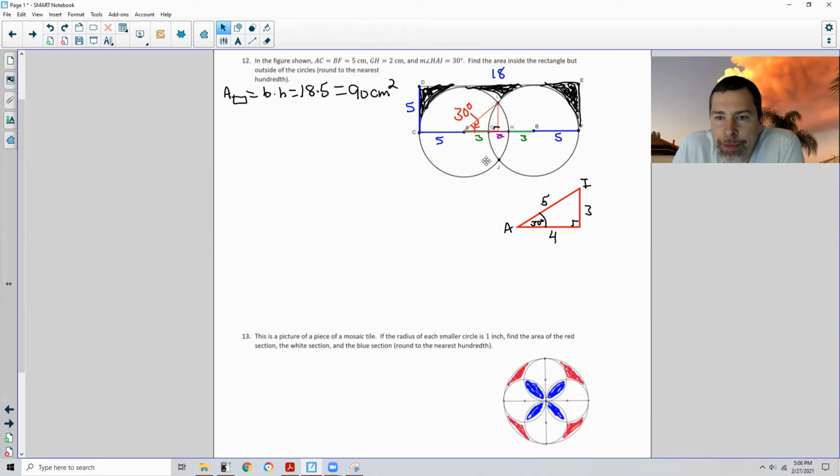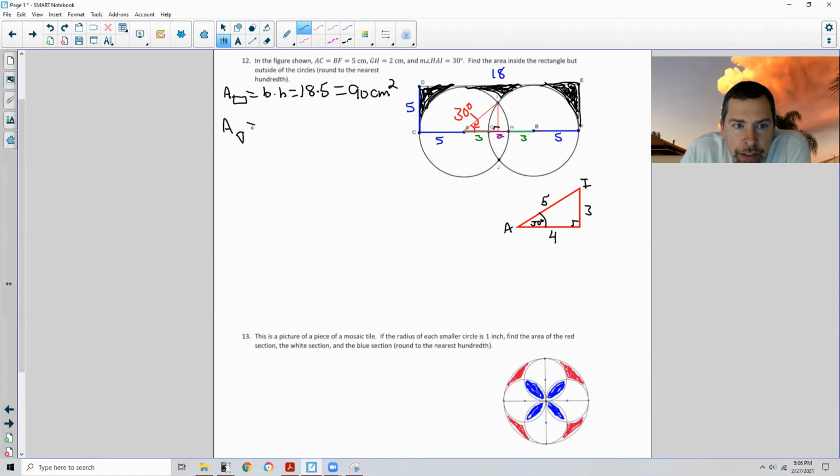Okay, so anyway, I'm going with this. And this 30 degrees here is going to cause a problem because what we have to do is find the area of this triangle and the area of this sector, because we have a sector here with a 30-degree central angle. So I'm going to take the area of the sector, and instead of writing sector, I'm going to draw one. How's that?